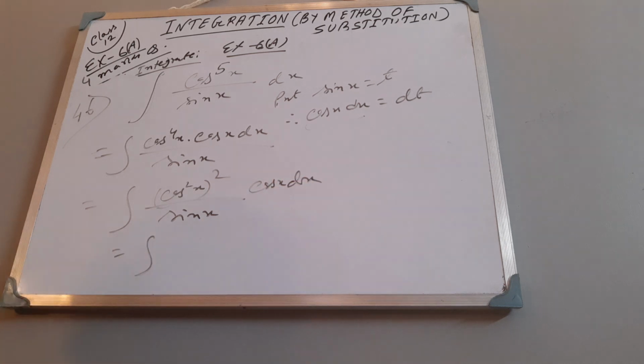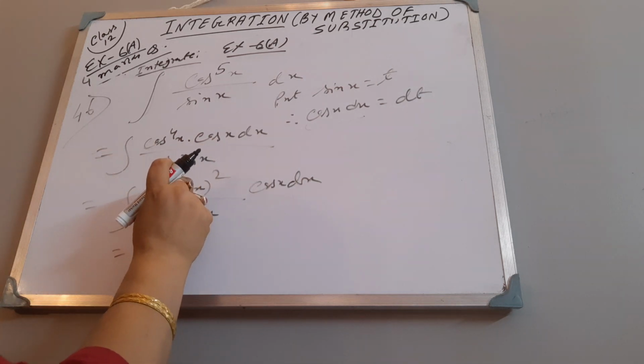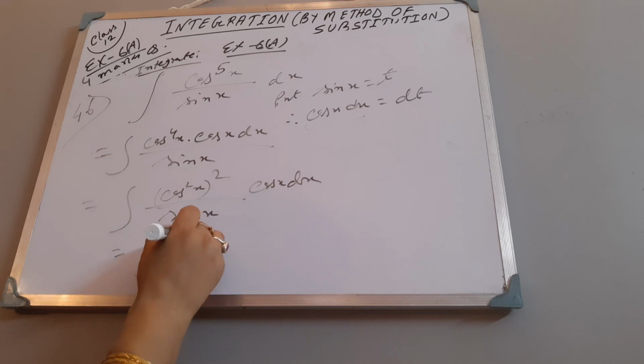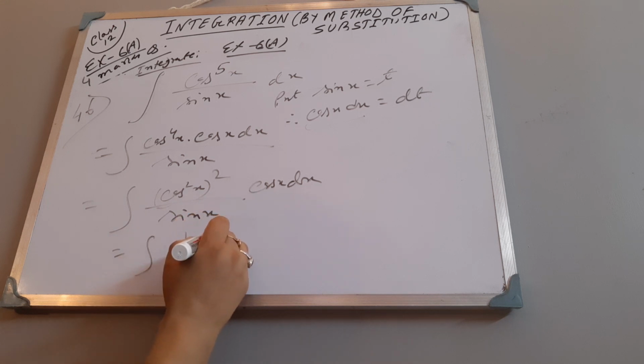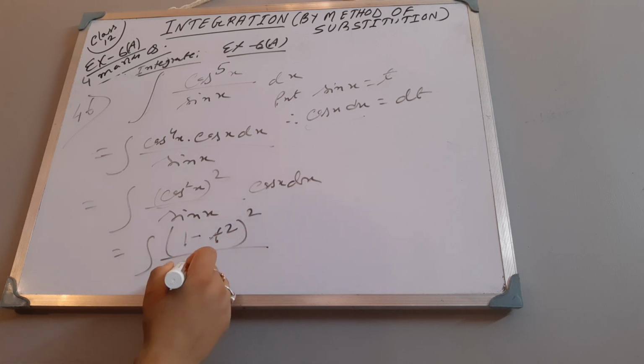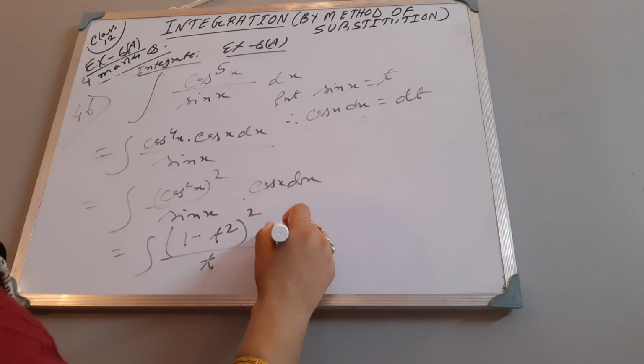Now sin x we have taken as t. Cos square x is 1 minus sin square x, so we directly write 1 minus t square whole square by sin x, that is t, and cos x dx is dt.